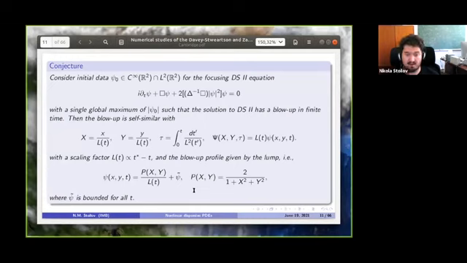And our conjecture is that actually this is the generic behavior. There is a formula which we found for the conjecture, numerically, for the scaling factor, and also we have found that the profile, so the shape of the blow-up shortly before the blow-up happens, is that of a scaled lump.